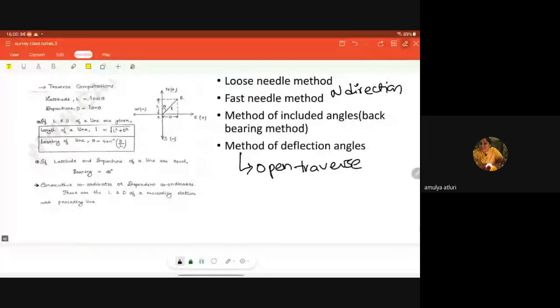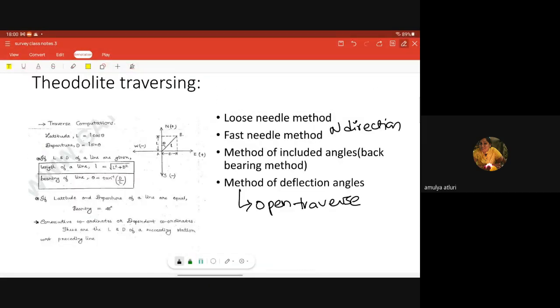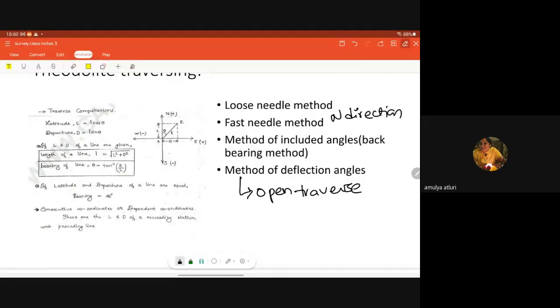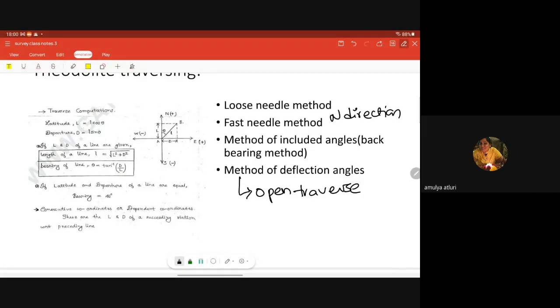Okay. So traverse computations. How do we calculate latitude? Let the hypotenuse be L. Latitude is L cos theta, departure is L sin theta.